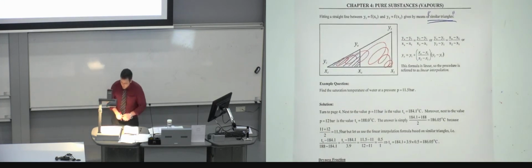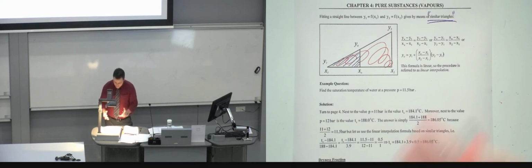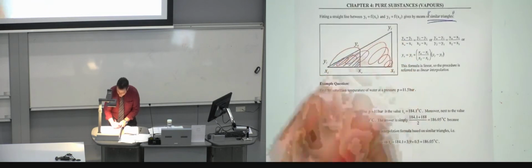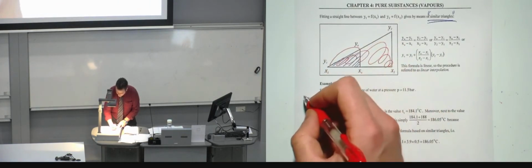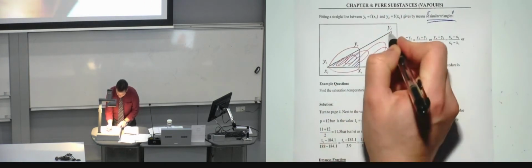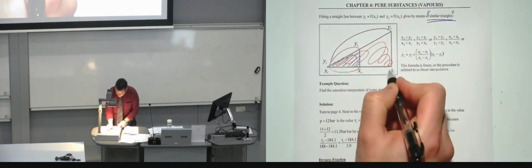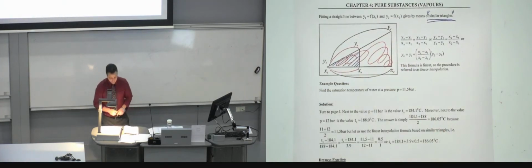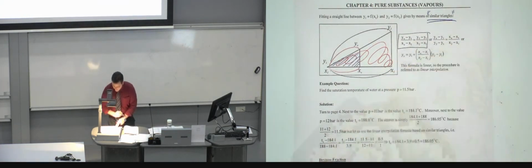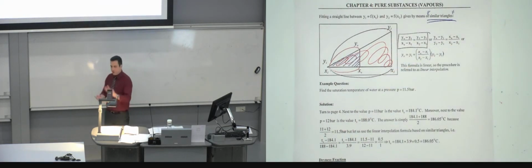Based on this similar triangle rule, we know that this minus this, divided by this minus this, would be equal to y2 minus y1 divided by x2 minus x1. That's what this equation really means. It's just ratios of the lengths.